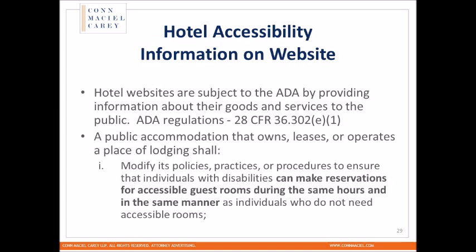And I'll cover this fairly briefly, but there was a regulation that took effect about 2012, applying to lodging establishments, and this lodging standard applies essentially to all lodging establishments that have 5 or more rooms.